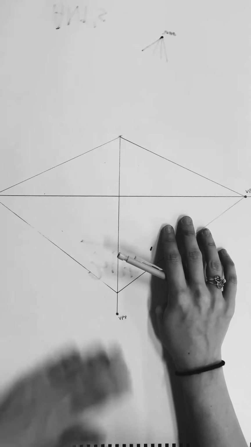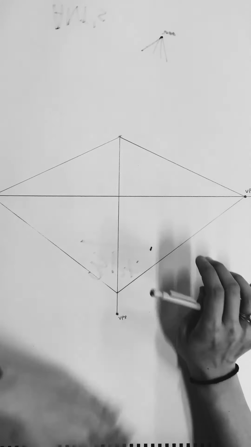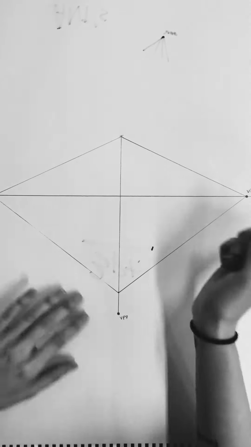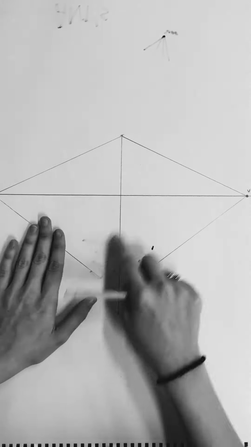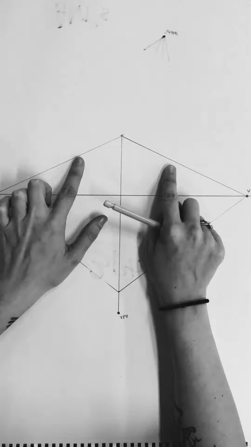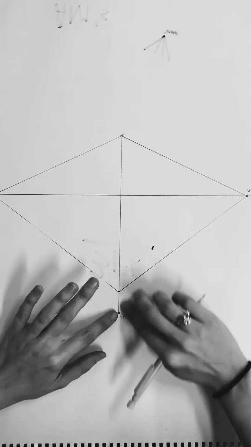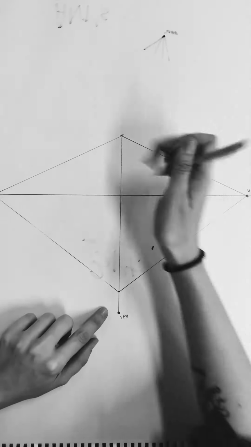Okay, so now we have our big weird diamond shape. We'll decide how wide we want it to be on either side by making a mark furthest away from that third vanishing point.